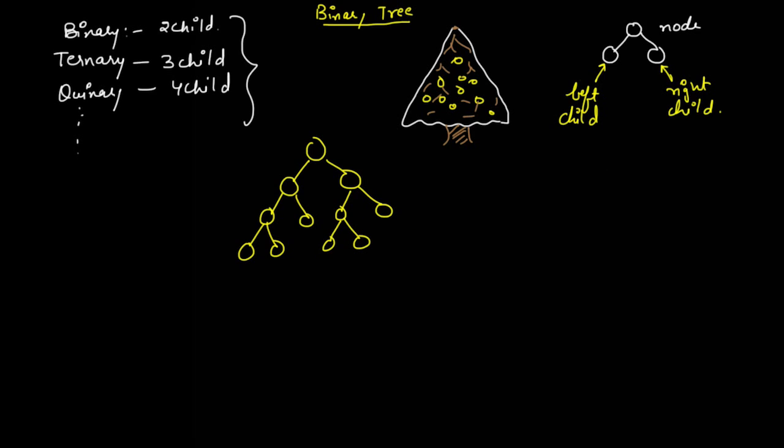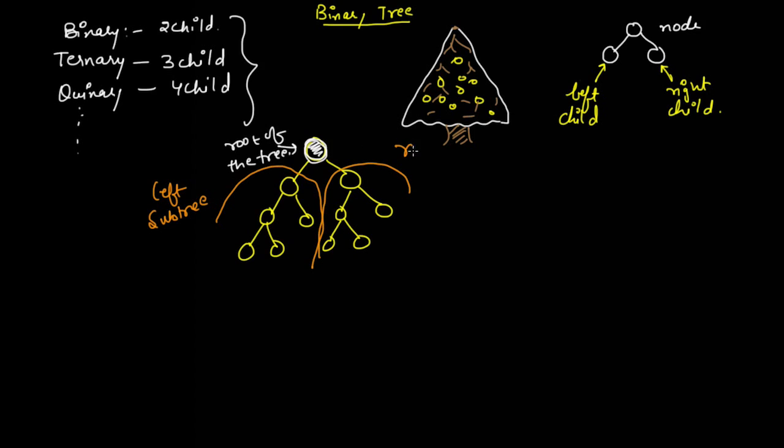In this tree, the initial node is called the root of the tree. These are the children. For this root node, this complete part is the left subtree, and this complete part is the right subtree.